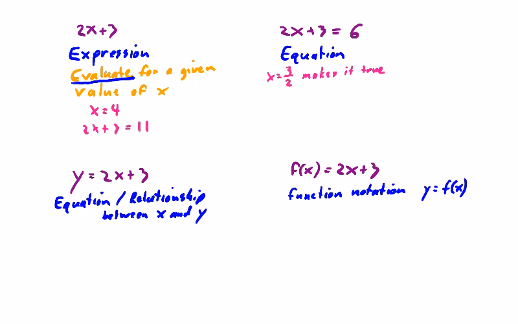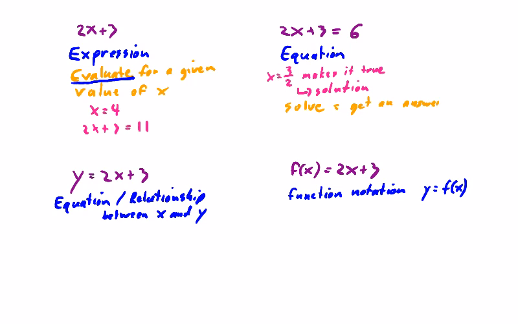In other words, 3/2 is the solution. So what verb gets associated with an equation? When we have an equation, we can solve it. We can get an answer. It's the mathematical way of saying get an answer.